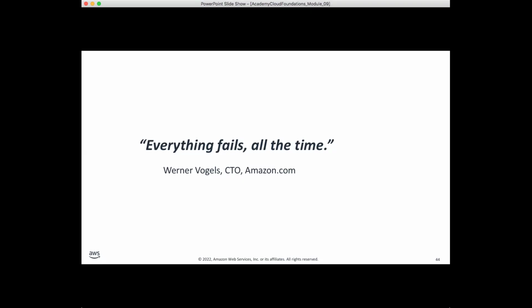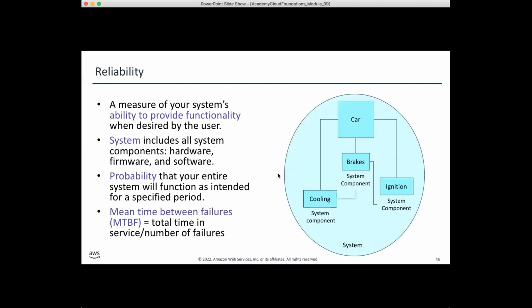One way to do that is to architect the resources we need, the applications we run, and our workloads to withstand failure. There are two important factors cloud architects should consider when designing architecture to withstand failure: reliability and availability.